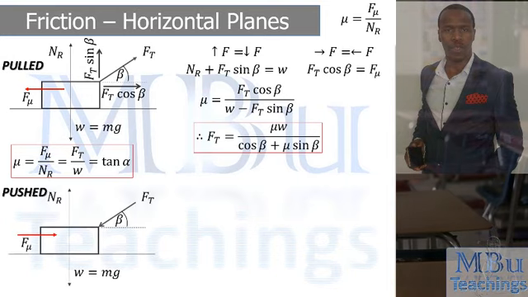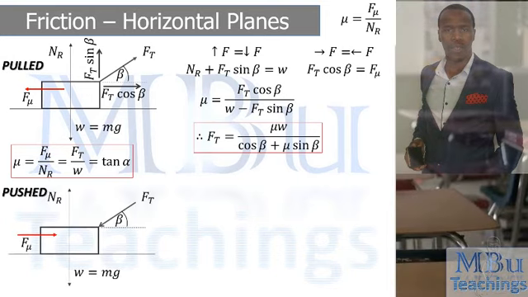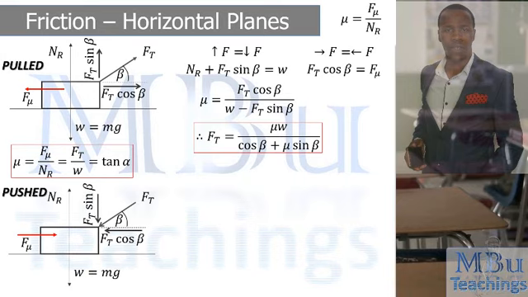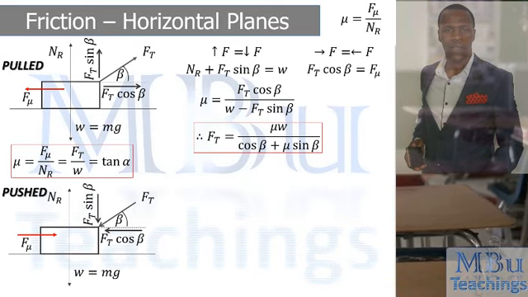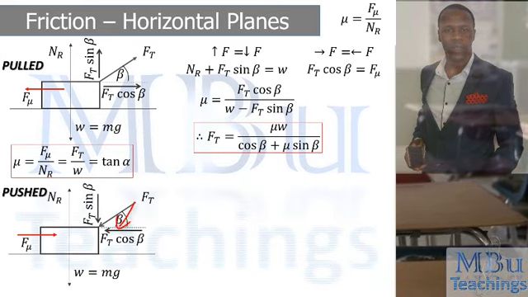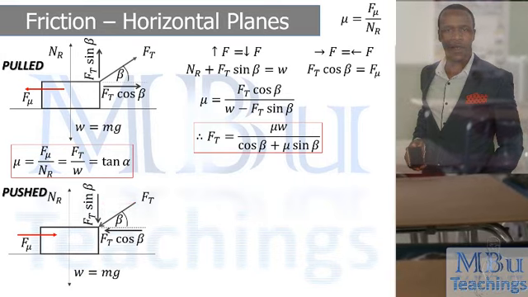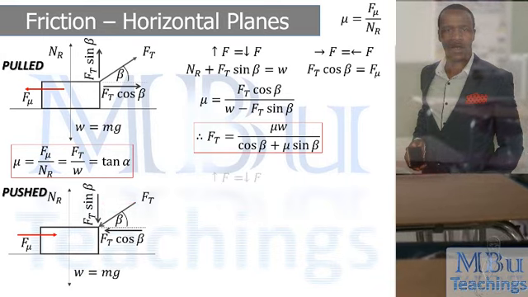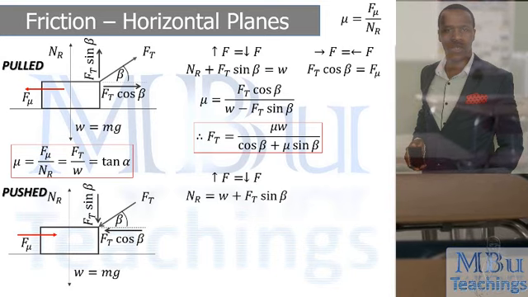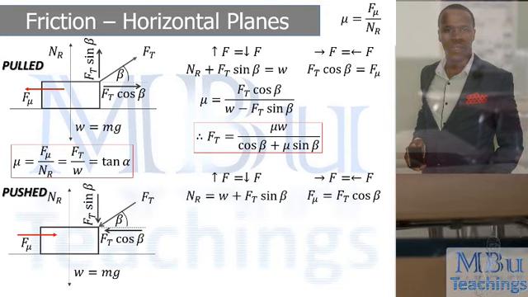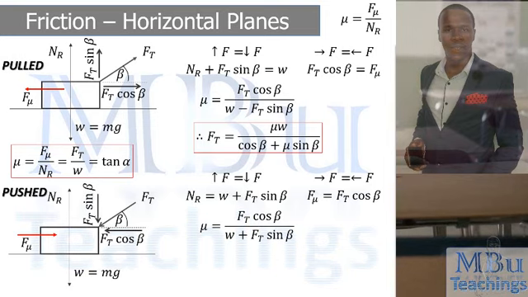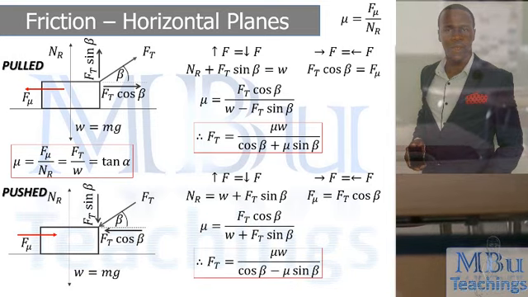Similarly, for the pushed keyword, we will follow the same steps for our block, for the components of our force that is placed at an angle, and also for our formulas of equilibrium. We will follow exactly the same steps all the way to finding our FT and making FT the subject of the formula.